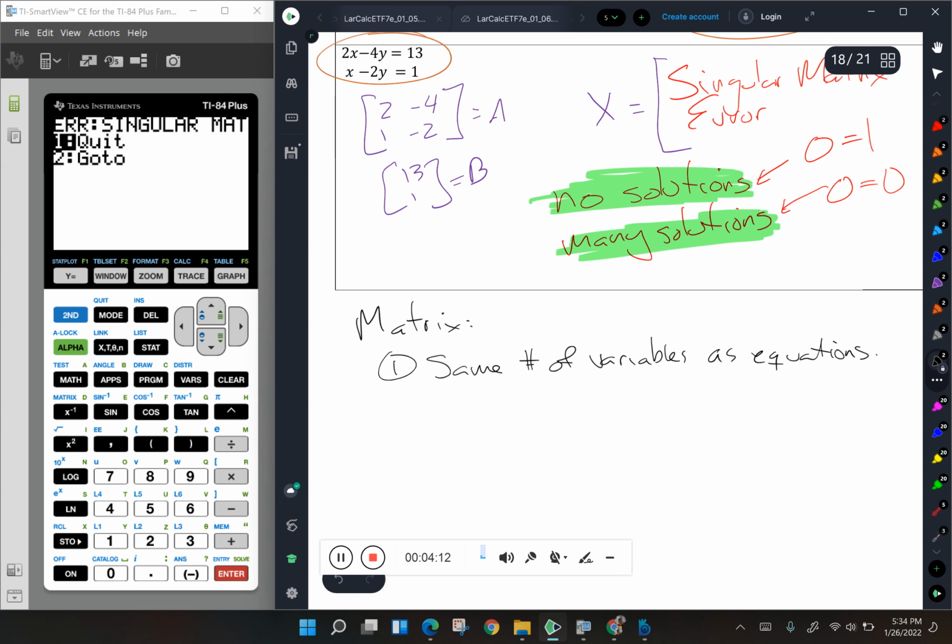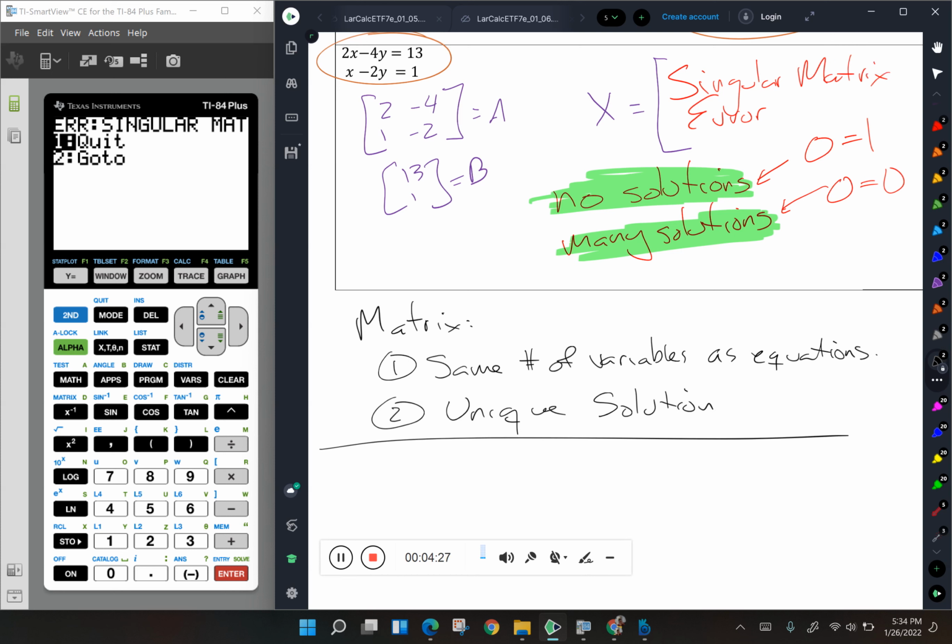So that means 2 variables, 2 equations, 3 variables, 3 equations, and so on. It's only good if you have a unique solution. And that, in my opinion, makes it a very limiting technique.